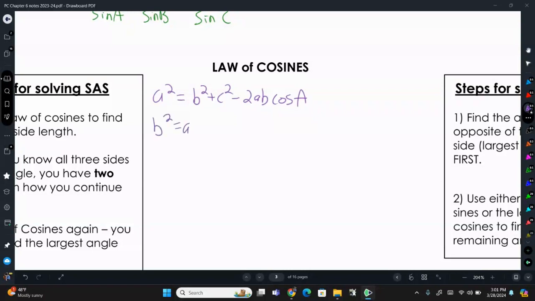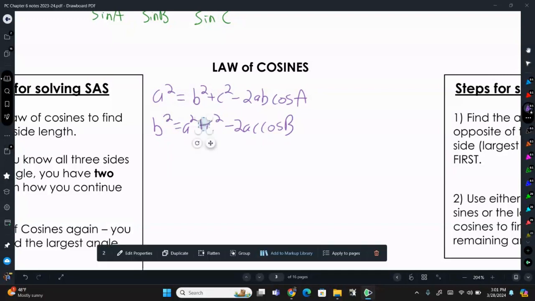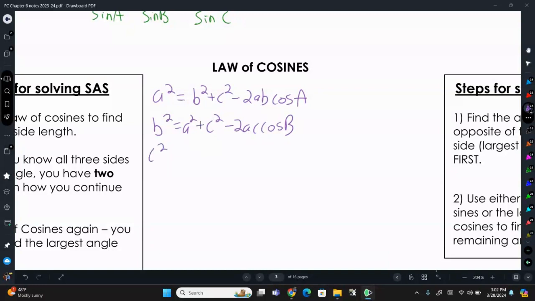It can also be written in this form. b squared equals a squared plus c squared minus 2ac times the cosine of B. And then it could be written as c squared equals a squared plus b squared minus 2ab times the cosine of C. So the side that we're trying to find has to correspond with the angle we already have.